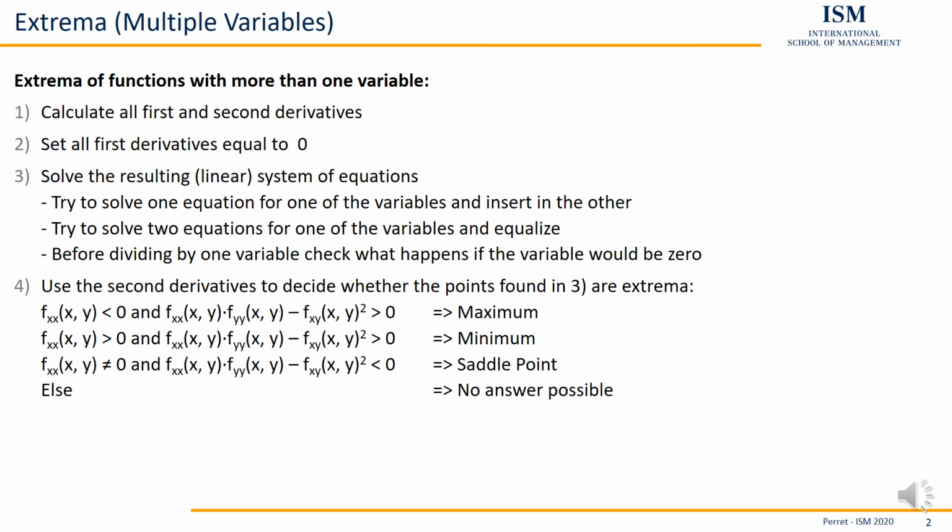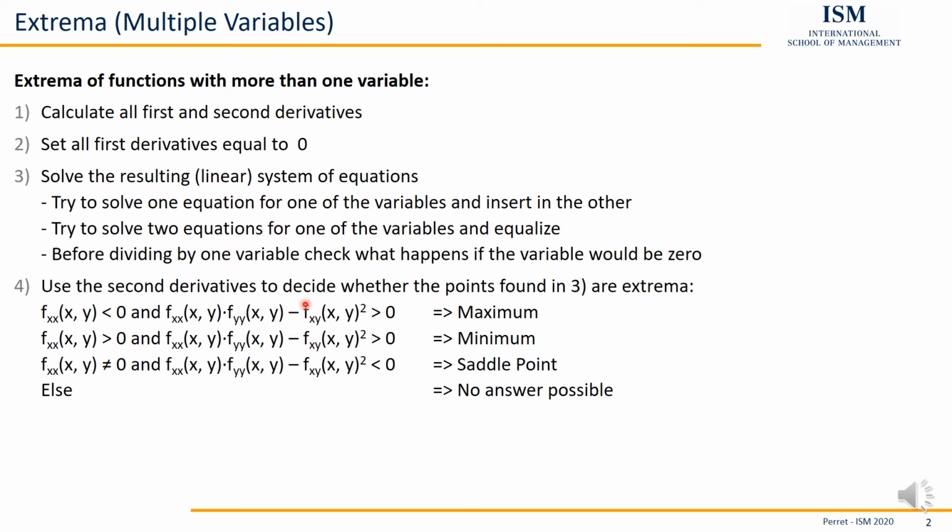So for the first part, we are always considering basically the matrix with all our second derivatives. And first off, we calculate its determinant. So basically the one in the upper left times the one in the lower right minus the one in the upper right times the one in the lower left.